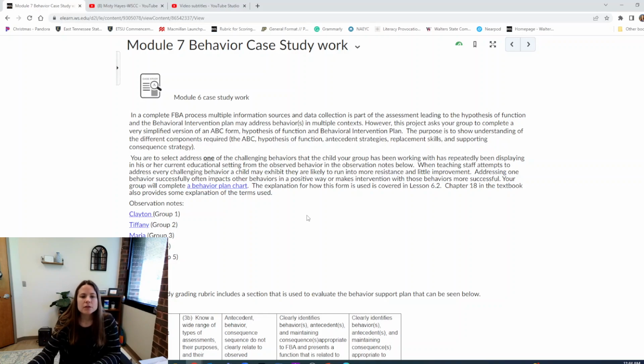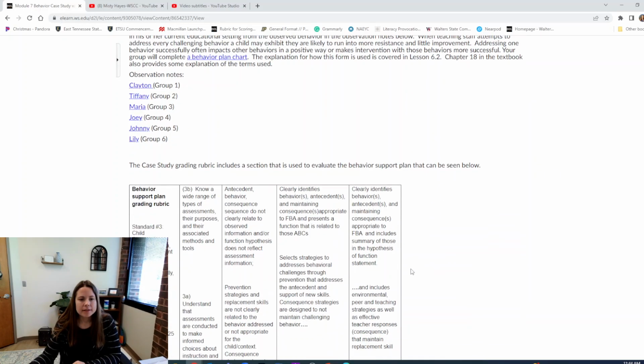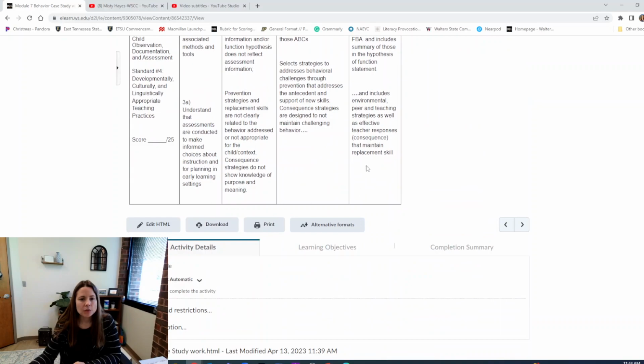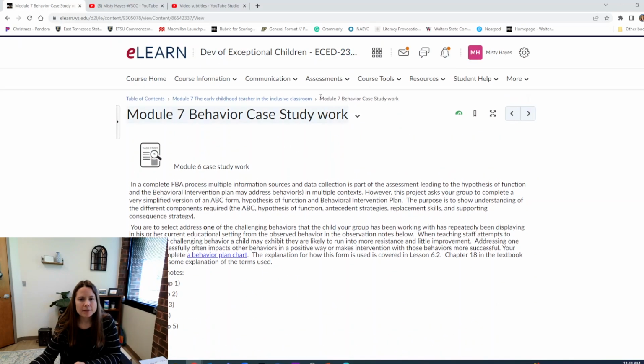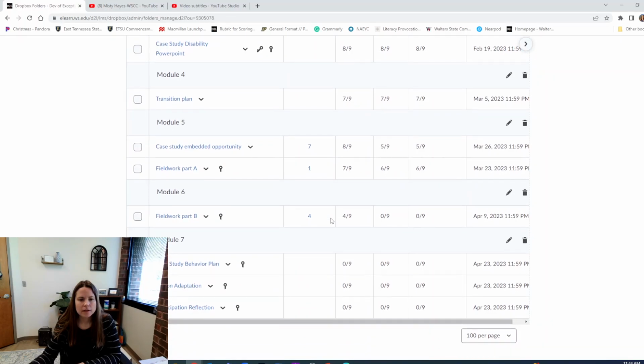Okay? Once you do that, make sure that you look at everything and you've got everything that you need for the behavior plan. So when you do it, go to Assessments in Dropbox, and scroll down and you'll see behavior plan. And that's where you're going to put that.